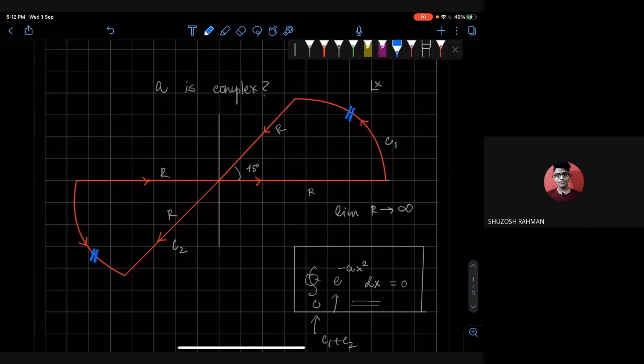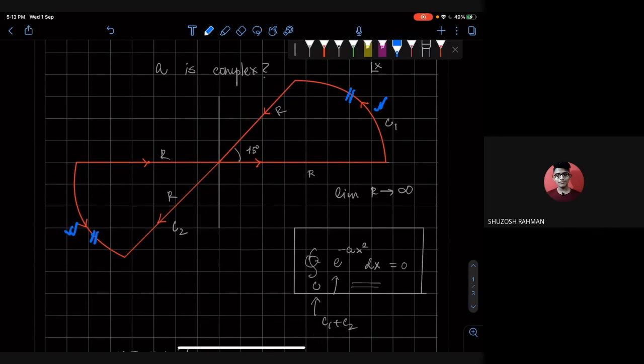There are theorems in complex analysis, or you can just see that in the upper half plane it decays exponentially, because this will have an imaginary part. I would like you to try it, and if you cannot do the contour integral, then I can help you again.